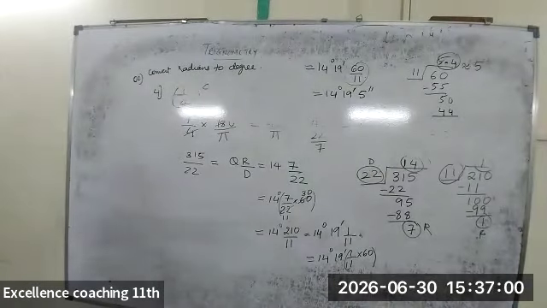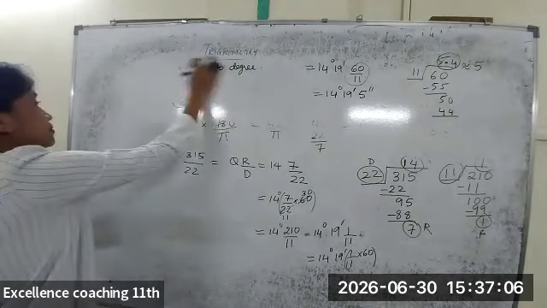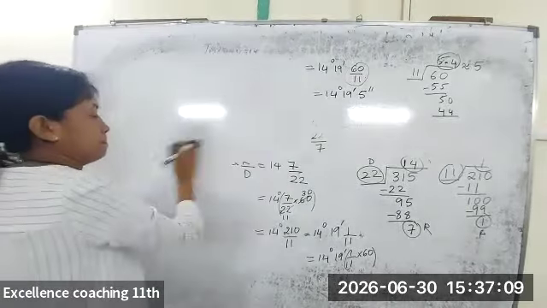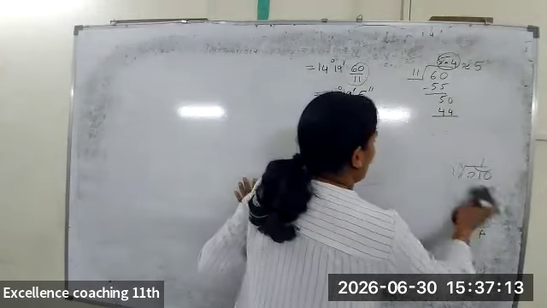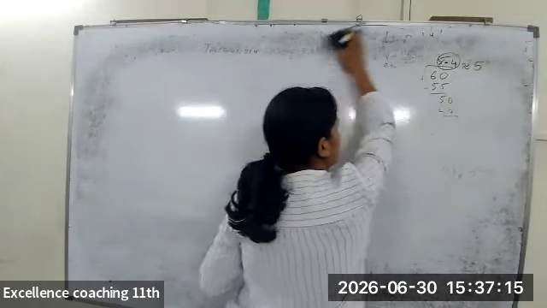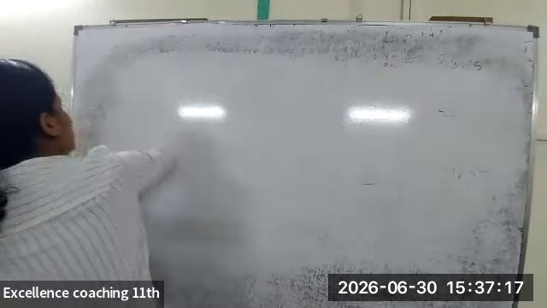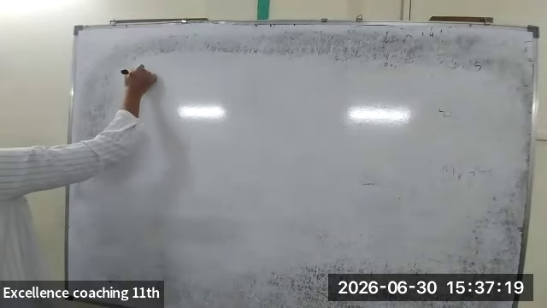6 radians. Convert. So first multiply it with 180 upon pi. Then nothing will cancel. So directly put the value of pi as 22 by 7.